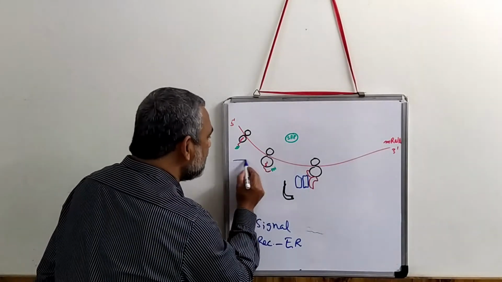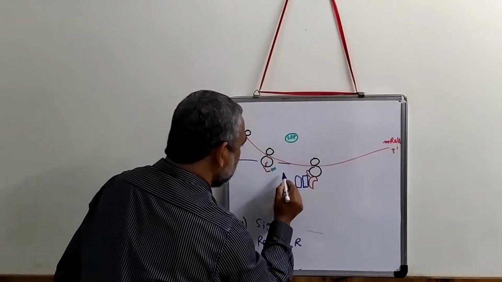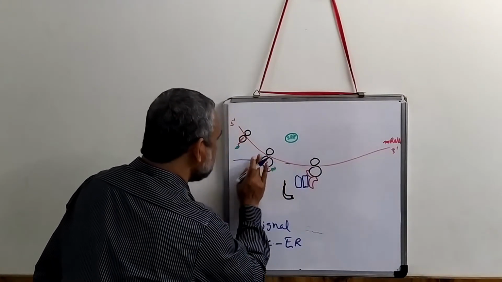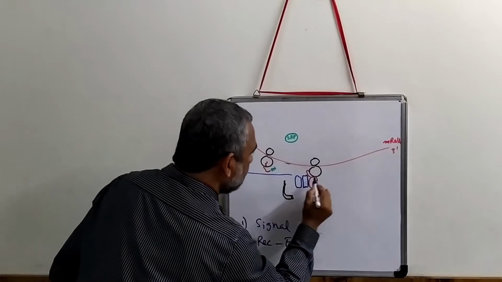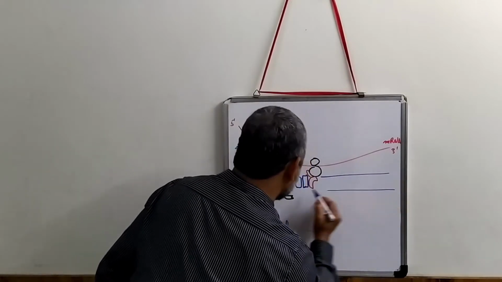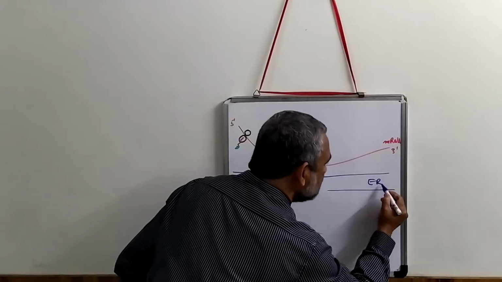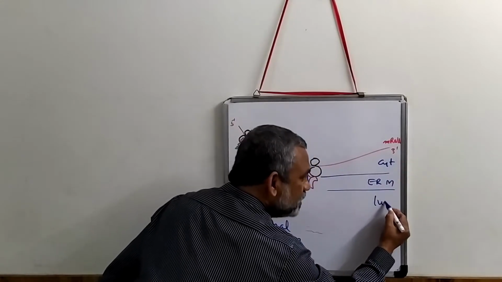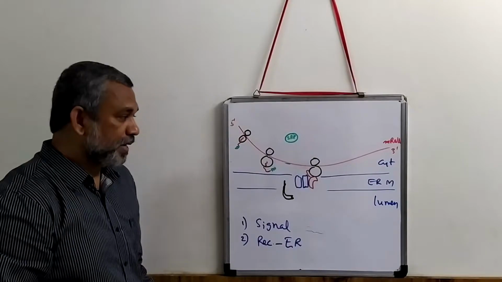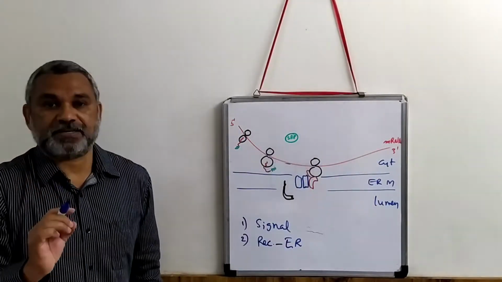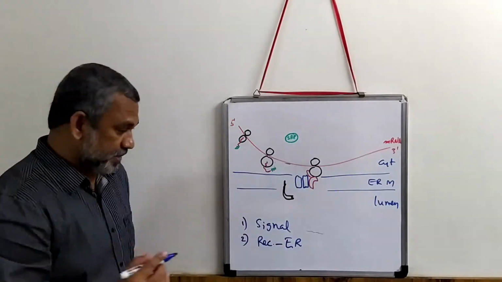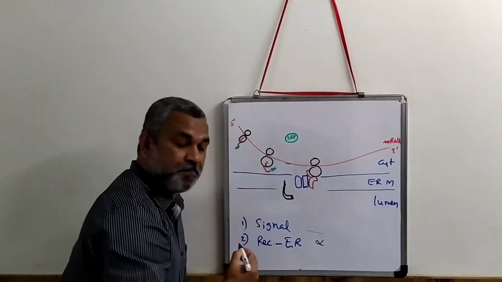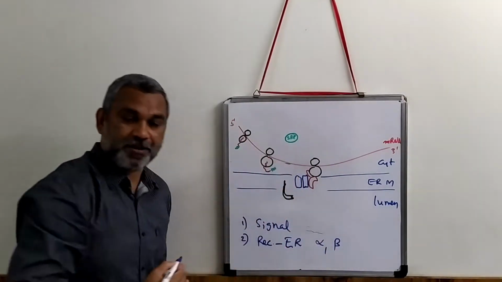Now assume that this is the endoplasmic reticulum membrane. This is the cytosolic side. This is the lumen. Now, the receptor is a dimer, it has an alpha chain and a beta chain.